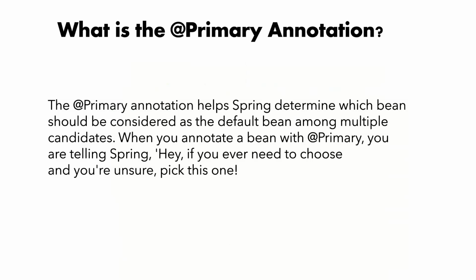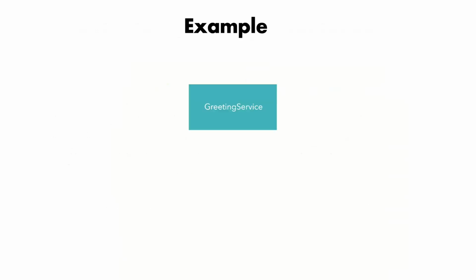This is where the @Primary annotation comes into play. The @Primary annotation helps Spring determine which bean should be considered as the default bean among multiple candidates. When you annotate a bean with @Primary, you are telling Spring, hey, if you ever need to choose and you're unsure, pick this one.